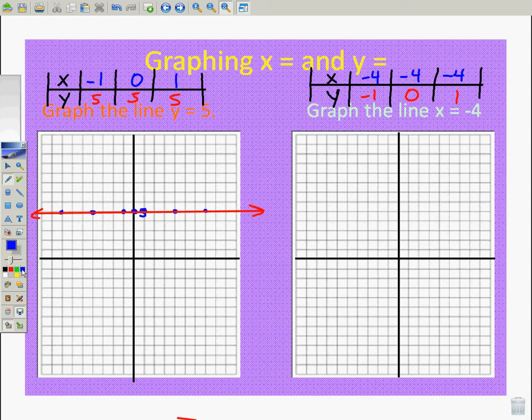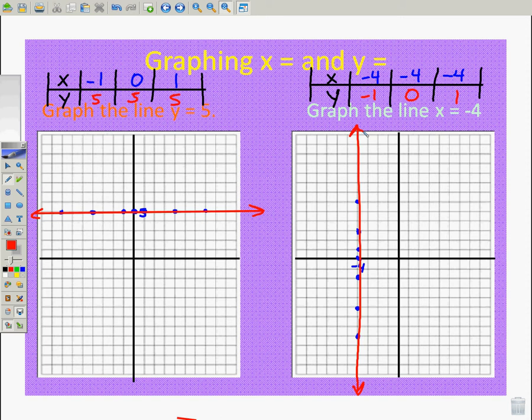And so when I go to plot this, I'm going to go to x is equal to -4, and I'm going to plot my points at 0, 1, and -1. Well, I've got news for you. It doesn't matter what y is. It keeps going on and on. Okay? And so when I graph this line, it's going to be a vertical line. It's going to say, hey, every value on there is x is equal to -4.